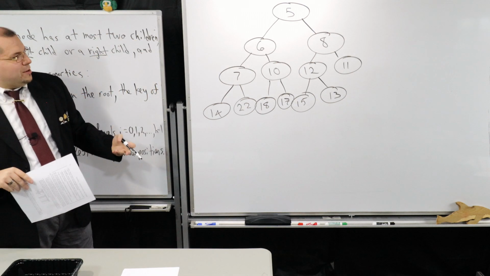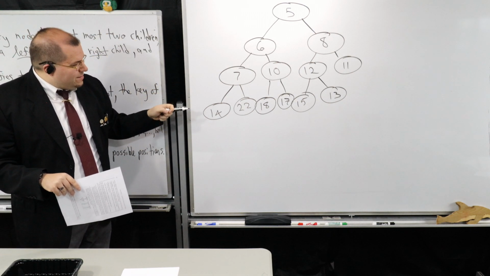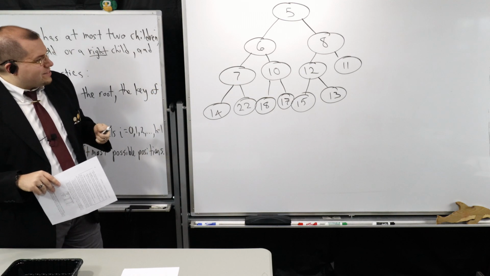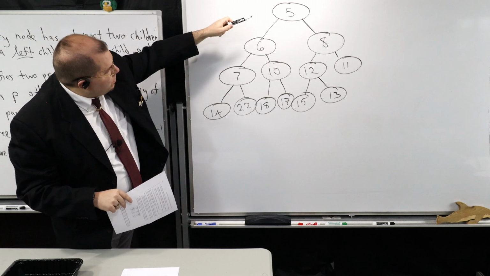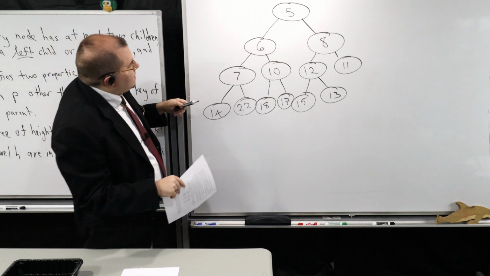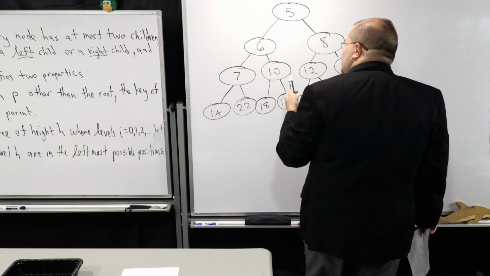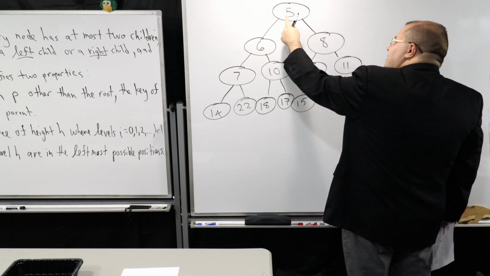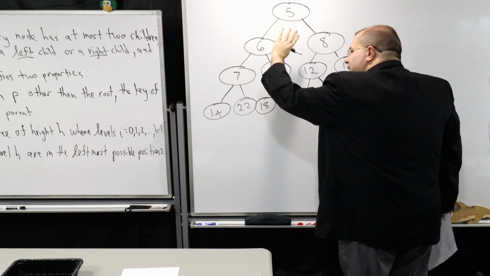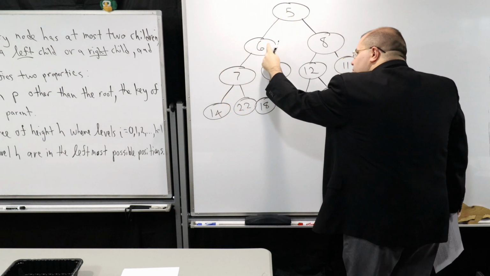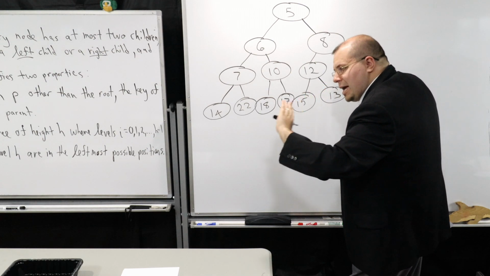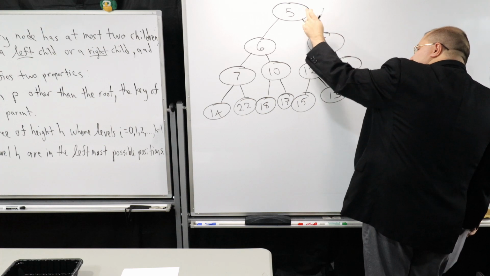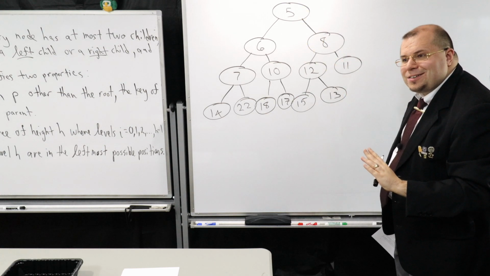Notice that this is imposing a different structure than a binary search tree. In a binary search tree, if you examine a node, all of the keys in its left subtree, rooted by the left child, will be less than it, and all the keys to the right of a node should be greater than it, right?